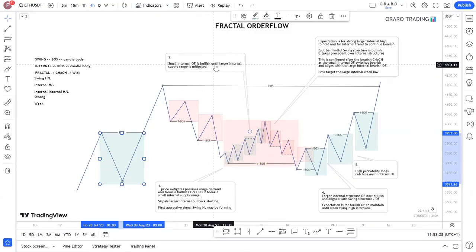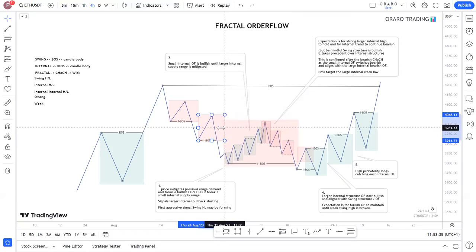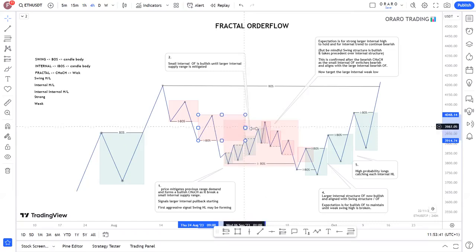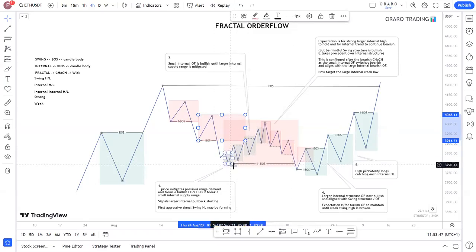Smaller internal order flow is bullish until the larger internal supply range is mitigated. So until this range is mitigated, the smaller internal structure will continue being what? Bullish. Then once we have mitigated it, the expectation is for the smaller internal structure to switch bearish in order for us to come and take out this larger internal low.